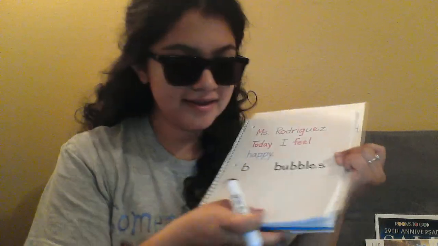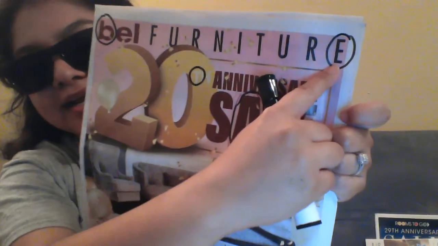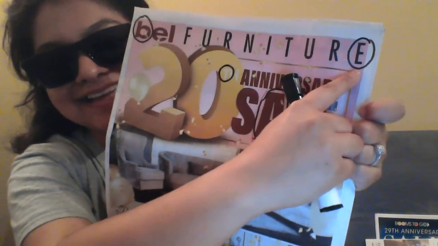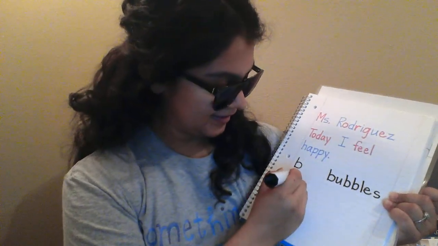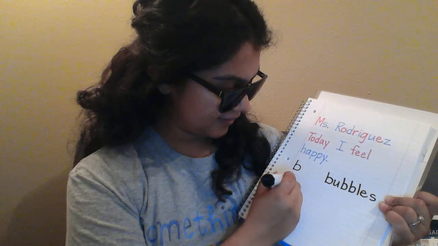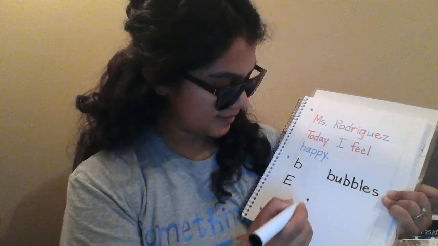Now, my second word, I think I'm going to pick the letter E. So I'm going to write the letter E, and I'm going to write it in an uppercase E because that is the way I found it on my paper.